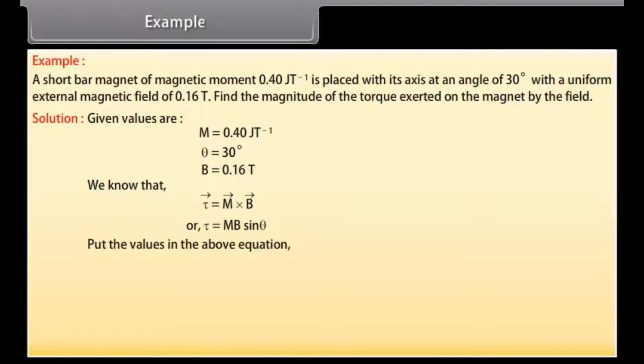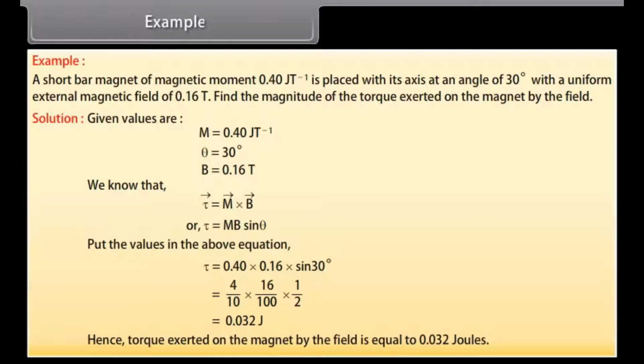Put the values in the above equation. Tau is equal to 0.40 into 0.16 into sine 30 degrees. On calculating the equation, we get the value of tau, which is equal to 0.032 joules. Hence, torque exerted on the magnet by the field is equal to 0.032 joules.